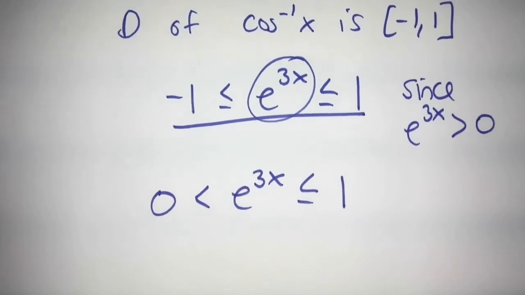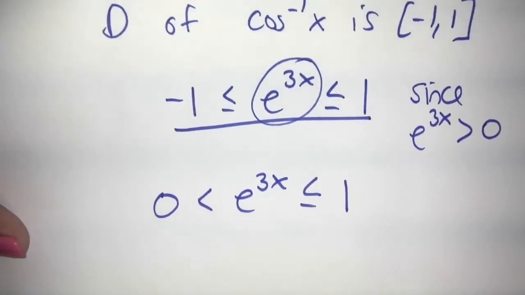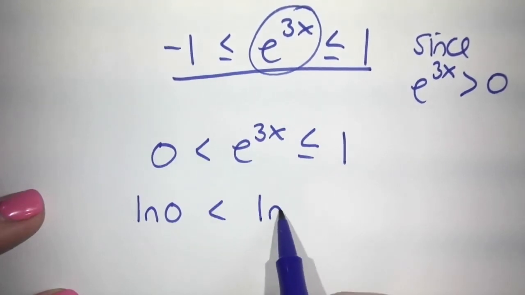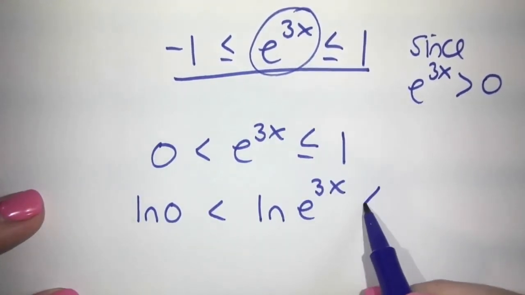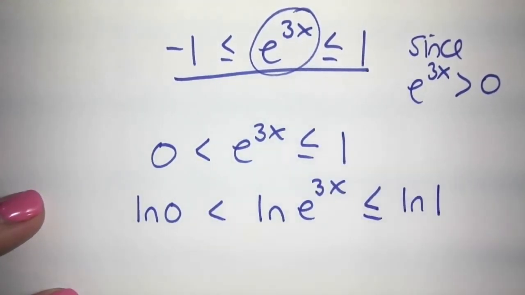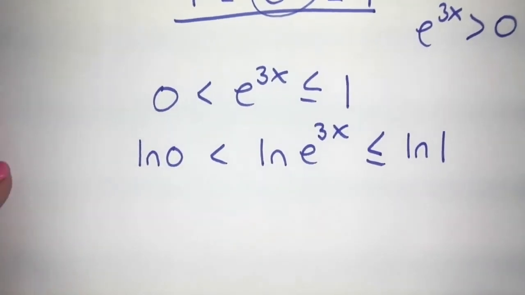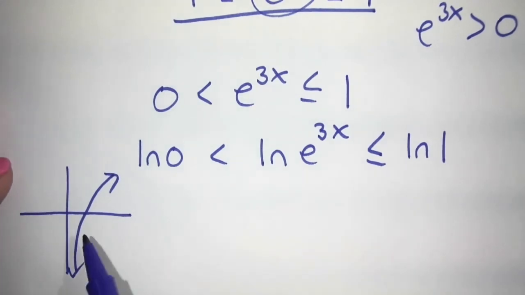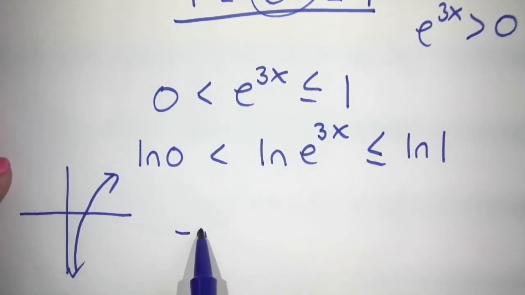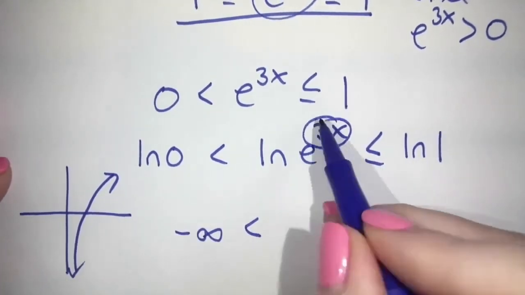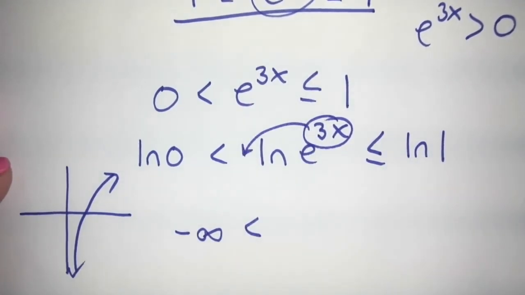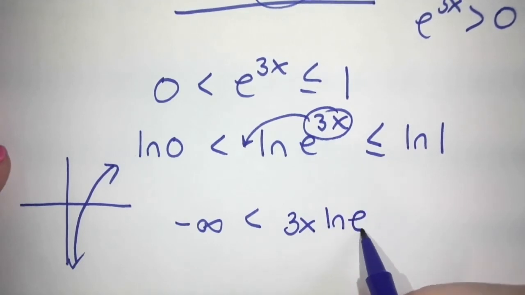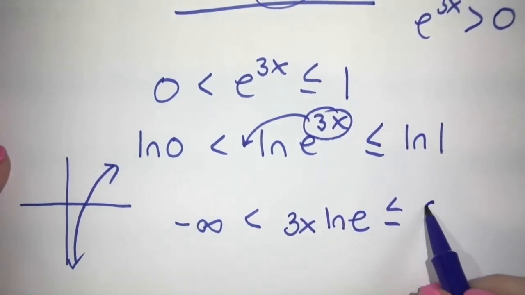And now to get rid of the e so that we can actually solve it for x, we're going to ln everything. So ln 0 less than ln e to the 3x less than or equal to ln of 1. Ln of 0, if you look at your ln graph, as you approach 0, you're going down to -infinity. Here, we use our log rules, and once we have a ln, we can put the exponent down in front. So this is 3x times ln e. And ln of 1 is 0.